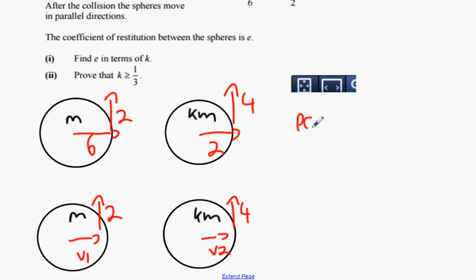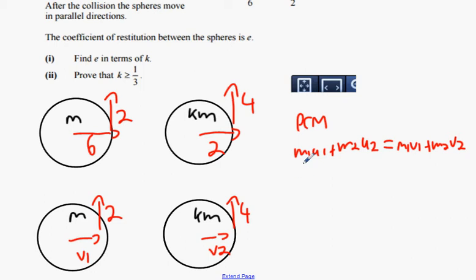Now we're going to do PCM: m1u1 plus m2u2 equals m1v1 plus m2v2. But we're only going to do it along the x-axis. We're not going to do it with the components. We're only going to take these parts here.